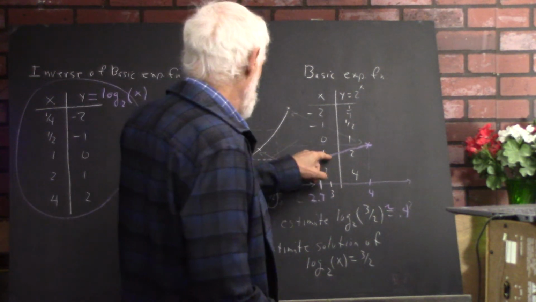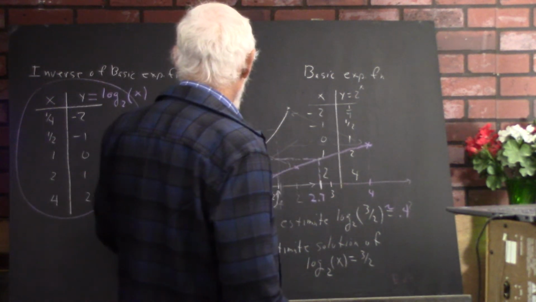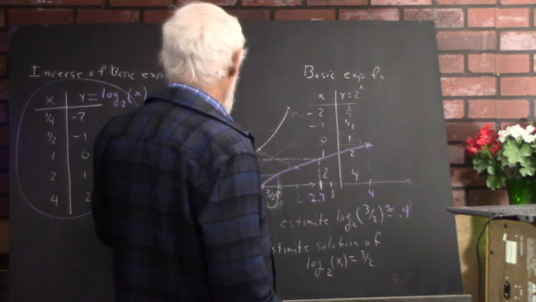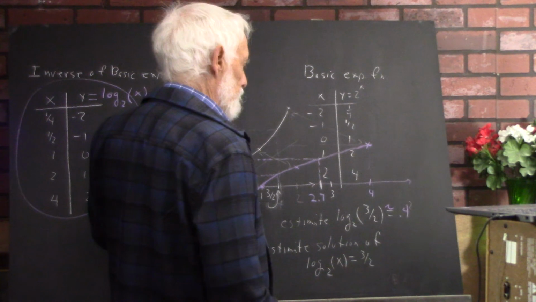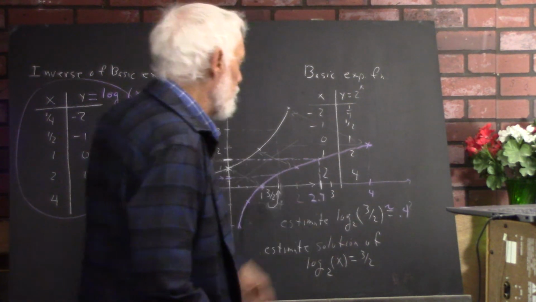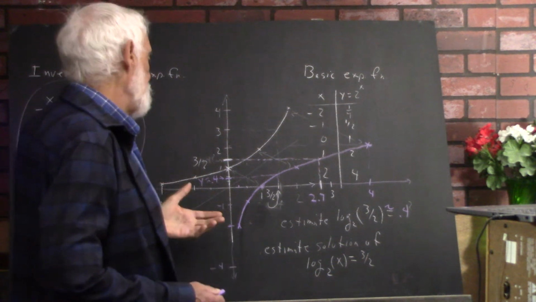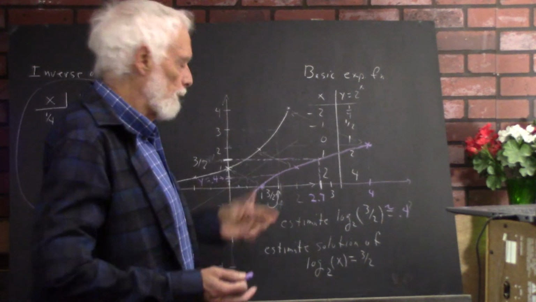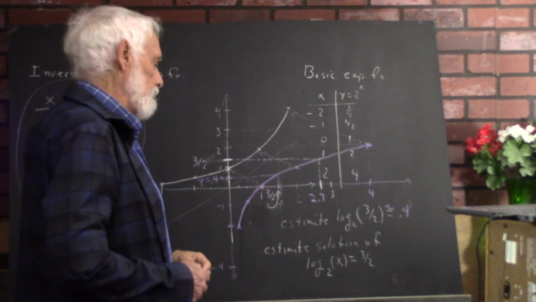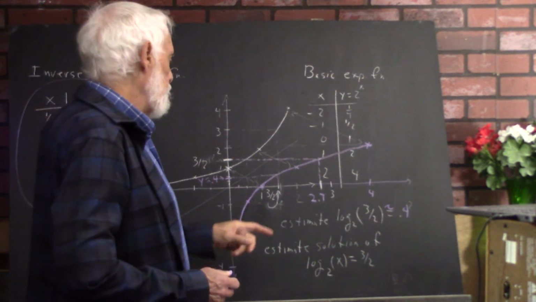Let's see, log base 2 of 3 is here. Looks like it's about 1.6. So that would give us something like 0.6 if that was a good estimate of log base 2 of 3. Now you can do these in your calculator. It's very easy. I'm not going to tell you how. We get to that in about a month.